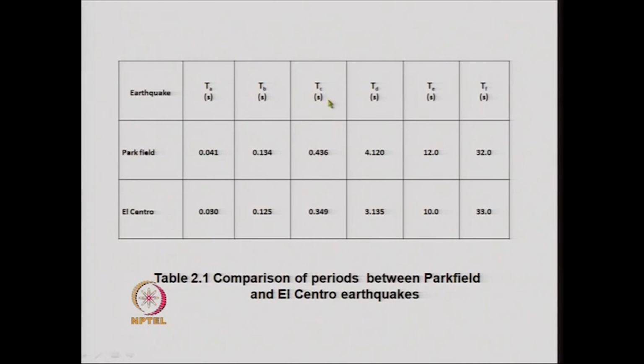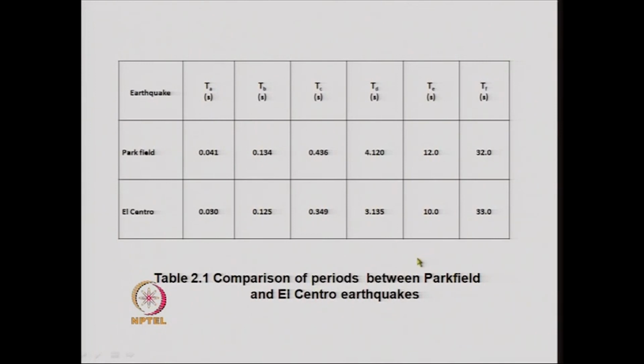For TC it was 0.436, and 0.349 for El Centro, and 4.12 was for TD for Parkfield, and for El Centro it was 3.135. TE and TF were more or less the same for the two earthquakes, especially the TF.